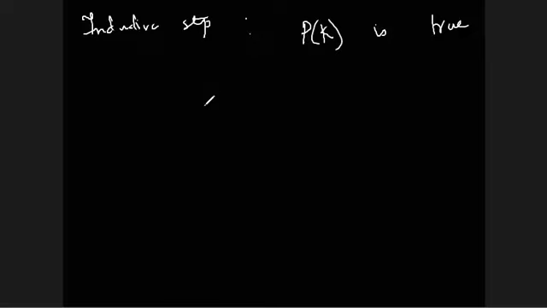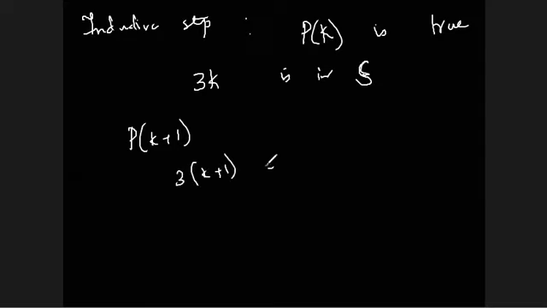Now, if we are talking about Pk, then it means that 3 into k is in S. Whatever value we get by multiplying 3 with 2, 3, 4, it should be in the set S. Now, if 3k is in S, then we also consider Pk plus 1 is in S. So Pk plus 1 will be 3 into k plus 1, that is 3k plus 3.